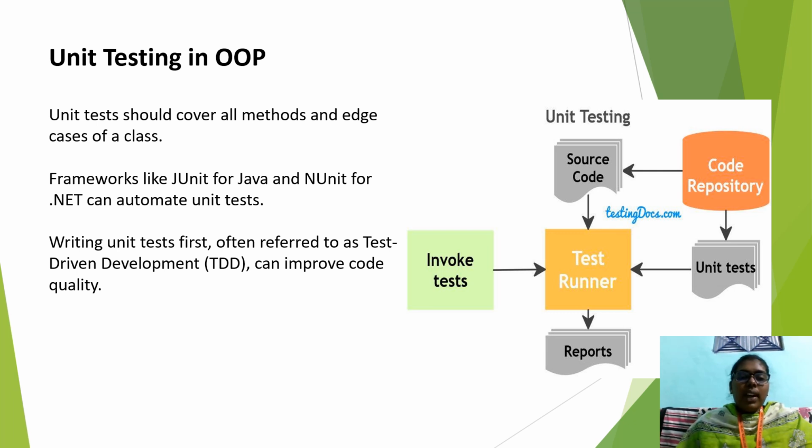It can improve the code quality. In this figure we can see the unit testing source code, the code repository, and invoking unit tests and reports. This process will be conducted by the test runner.